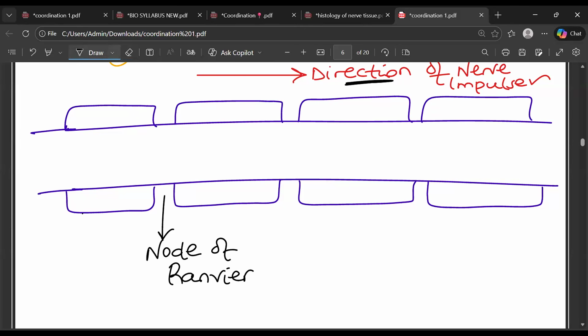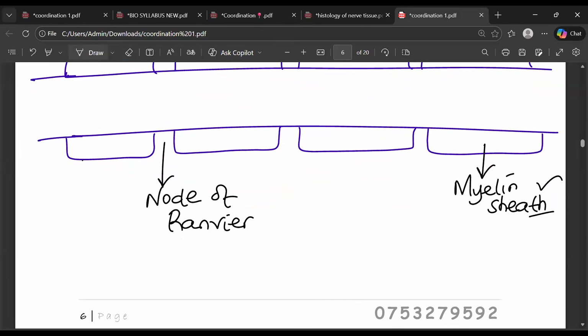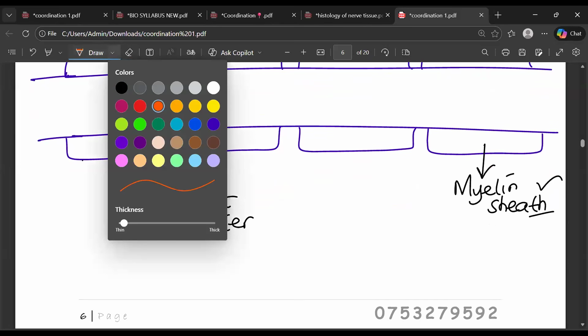Now, how is this one going to move? Remember, this thing is what they call the myelin sheath. What you need to know about the myelin sheath is that the myelin sheath insulates.